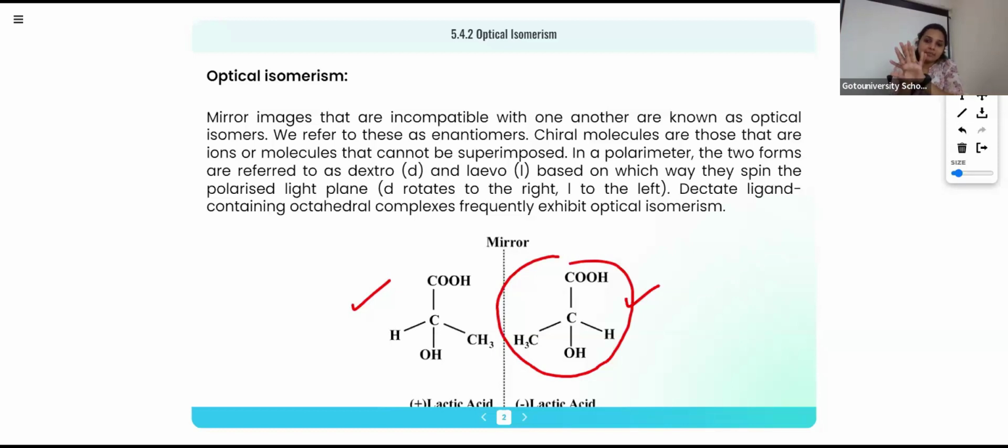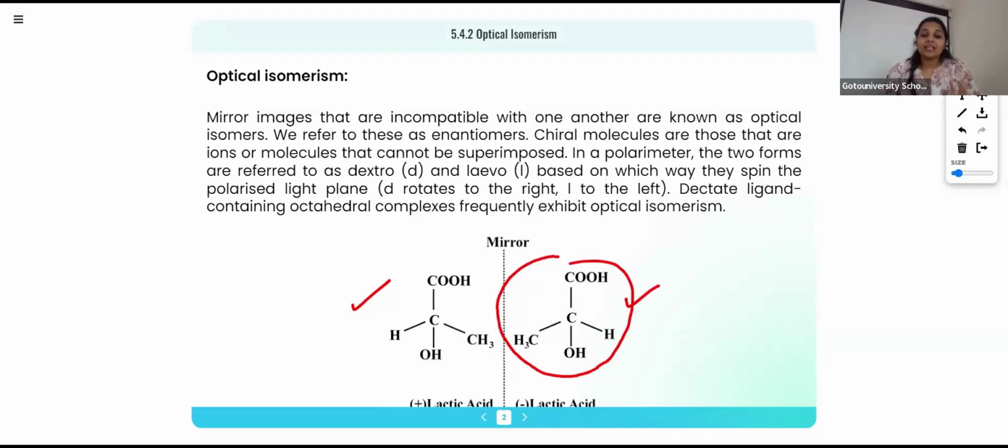That is called non-superimposable. This is superimposable, same fingers on the same, but this is non-superimposable. If you place the mirror image on the original one, you get non-superimposable. Here the mirror images are there.